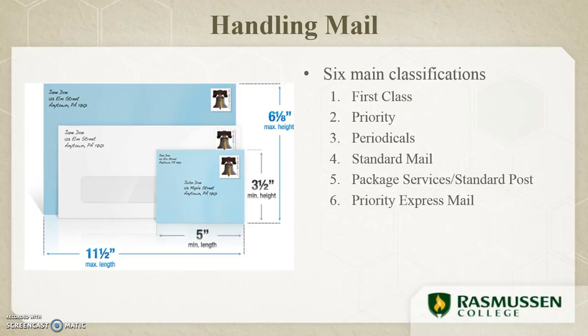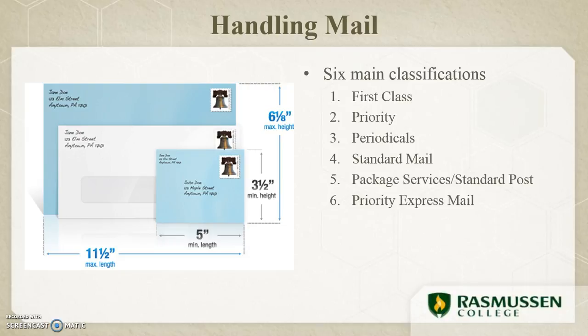Periodicals are newspapers that have received second-class mail authorization and are not allowed for newspapers or periodicals that are mailed by the general public. Standard mail is advertisements, circulars, newsletters, small parcels, and merchandise. Package services or standard post are merchandise, catalogs, printed material, and computer media.